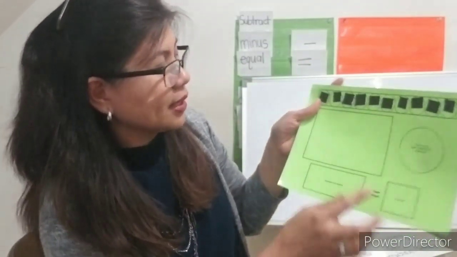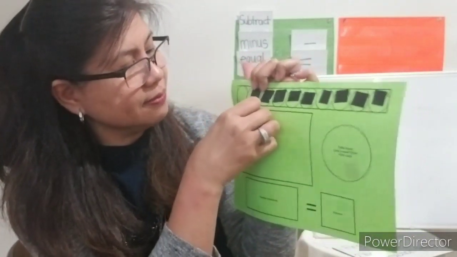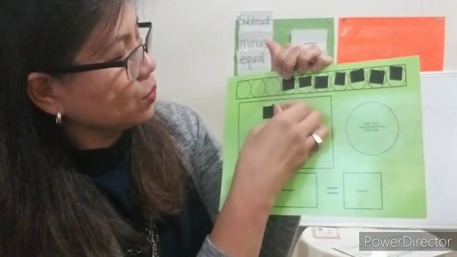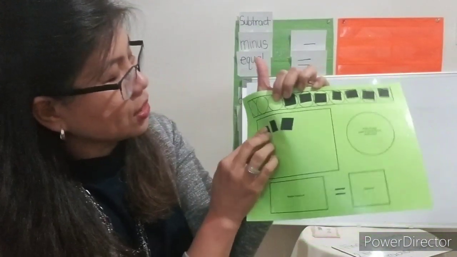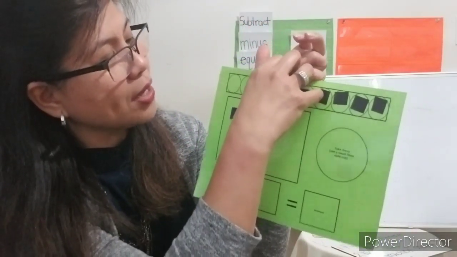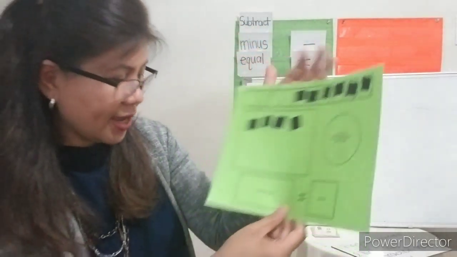Now in here in the box, I will put some here. Let me put one here, and then I put one more, and I'll put one. Oh, it fell. Okay, so there you go, and I have 3 now, right? But what about if I put one more? How many do I have? I have 4, right?